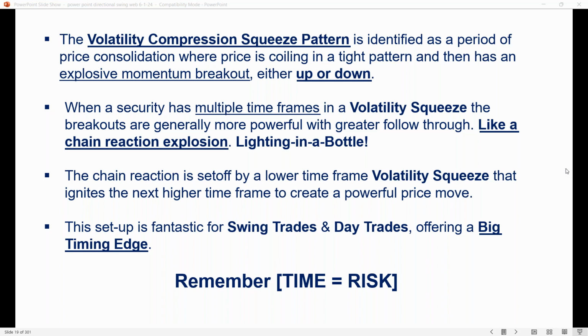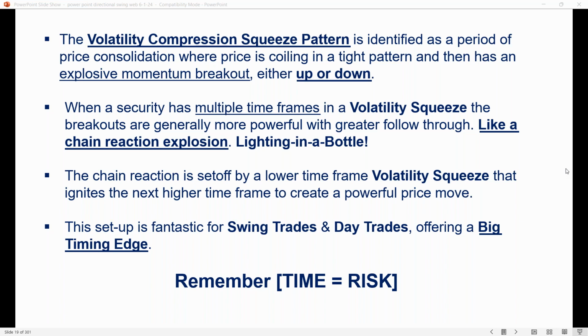You could have a 5-minute time frame that triggers a 30-minute, the 30-minute triggers the hourly, the hourly triggers a daily, and that could end up triggering a weekly. So you could have a tsunami effect, like a chain reaction, set off by those lower time frames that ignite the next time frame up, and it sometimes becomes super powerful movement.